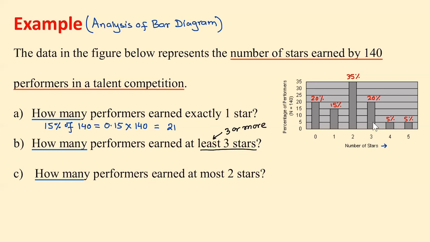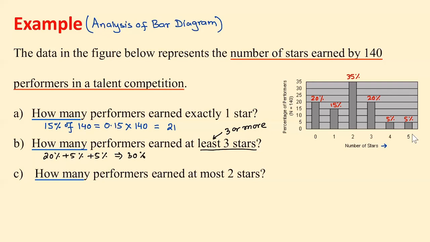In this case, it is 3, 4, and 5. If we look at these three, we have 20%, 5%, and 5%. So the total percentage will be 20% plus 5% plus 5%, which is equal to 30%.